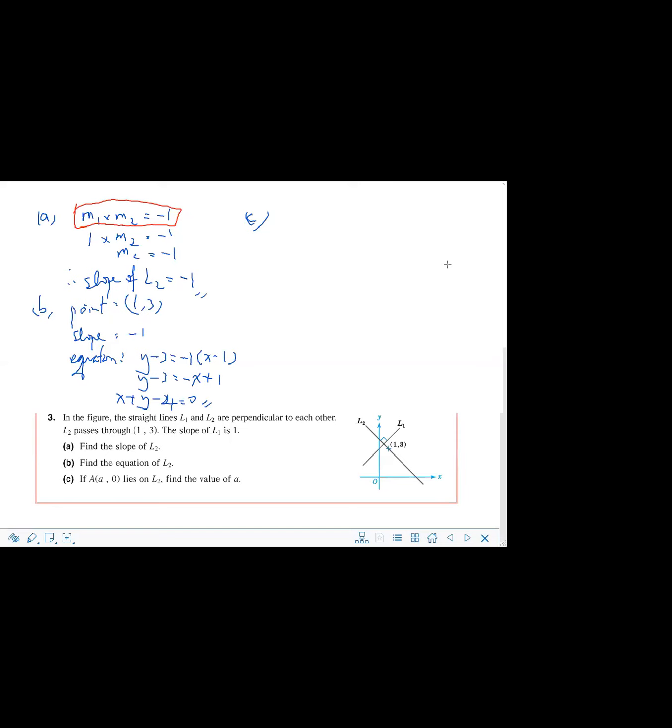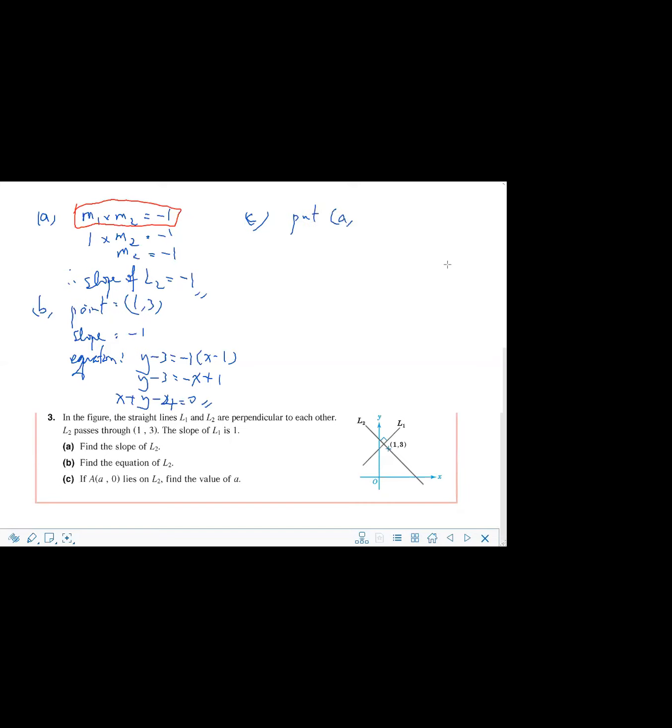Okay. And then in part C, the point A with coordinates (A, 0) lies on L2. Find the value of A. This time it doesn't ask whether it is on the line, it tells you it is on the line. So we don't need to separate the left-hand side and right-hand side.